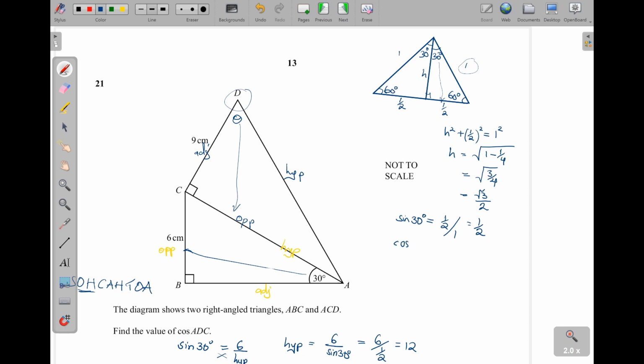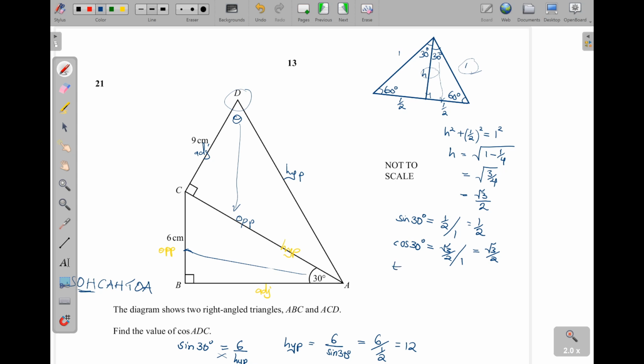How about cos of 30? Cos of 30 is adjacent. This is the adjacent to the 30, which is root 3 over 2, then divide by the hypotenuse, which is 1 here. That means cos of 30 is root 3 over 2. When you're using a calculator, that is the one which gives you 0.866 and the rest of those figures.